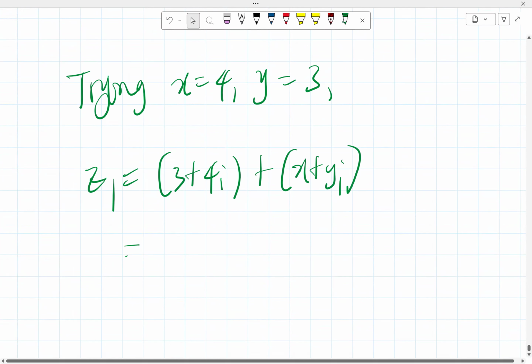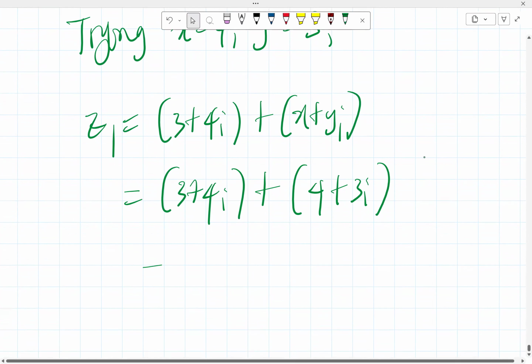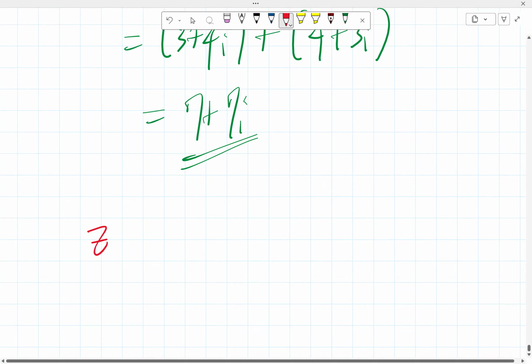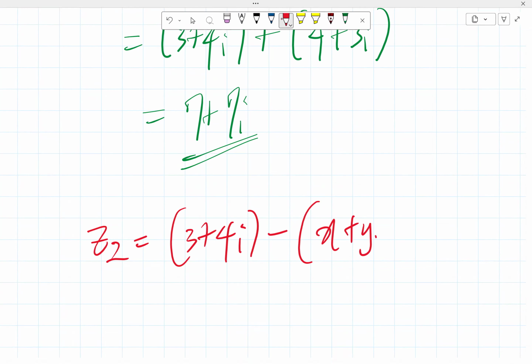So that means we have 3 plus 4i plus 4 plus 3i, which will give us 7 plus 7i. For z2 now, we have 3 plus 4i minus x plus yi.